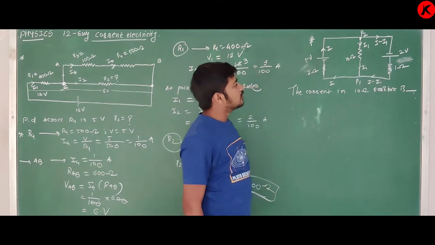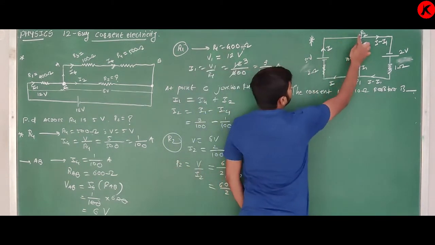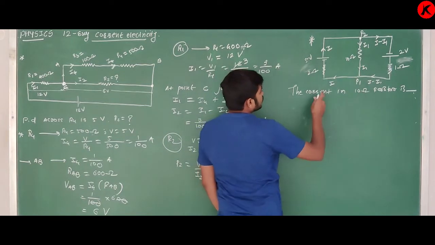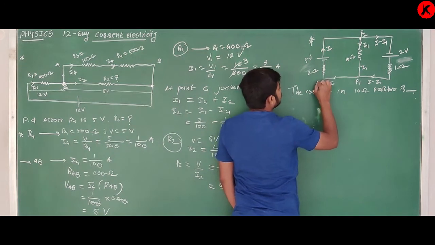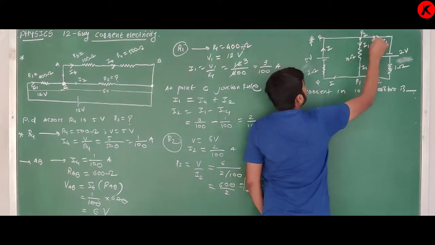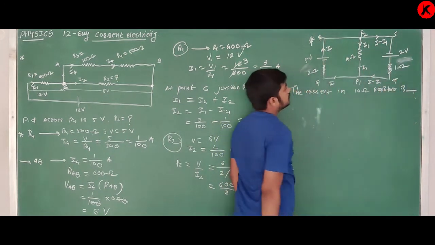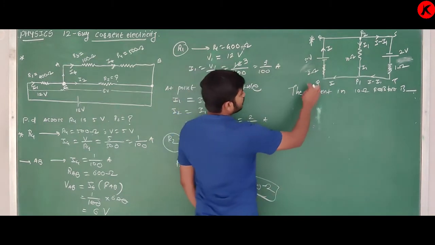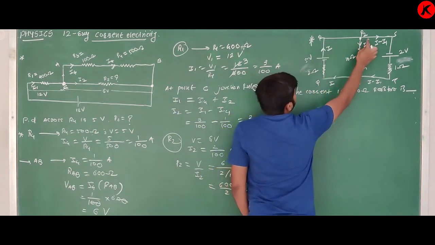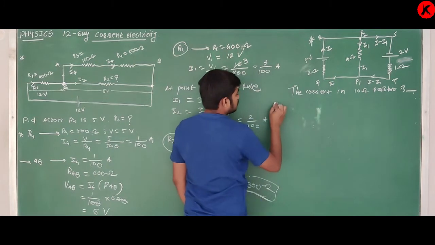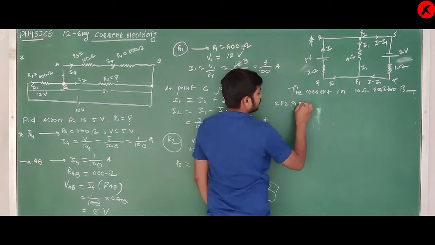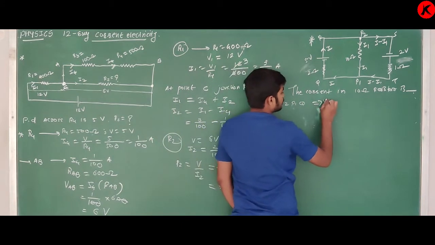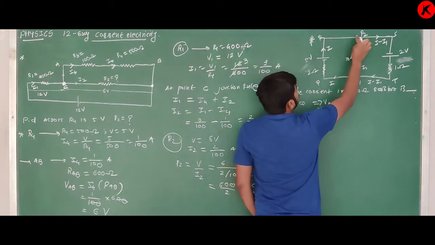Yes, we will apply Kirchhoff's law. First of all, I am taking this loop. I will name the points P1, P2, Q, R, S, T. So first of all, I am taking loop R, P2, P1, Q. In this loop, you are starting from R. There is no resistor here.